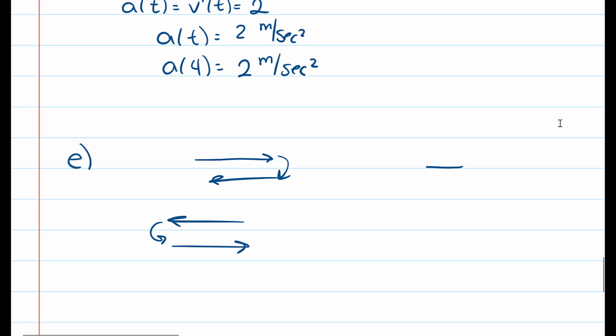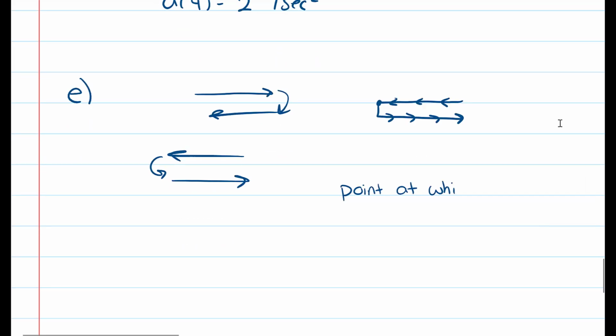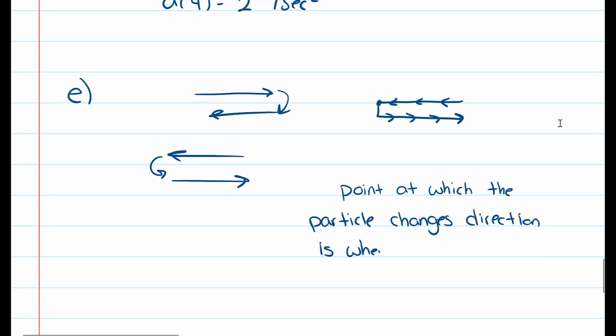So if something is moving backward, it has to stop to turn around to start moving forward. So the point at which the particle changes direction is when the velocity is equal to 0. So to solve this, we have our velocity function, which is 2t minus 3, and all we have to do now is set that equal to 0 and solve.